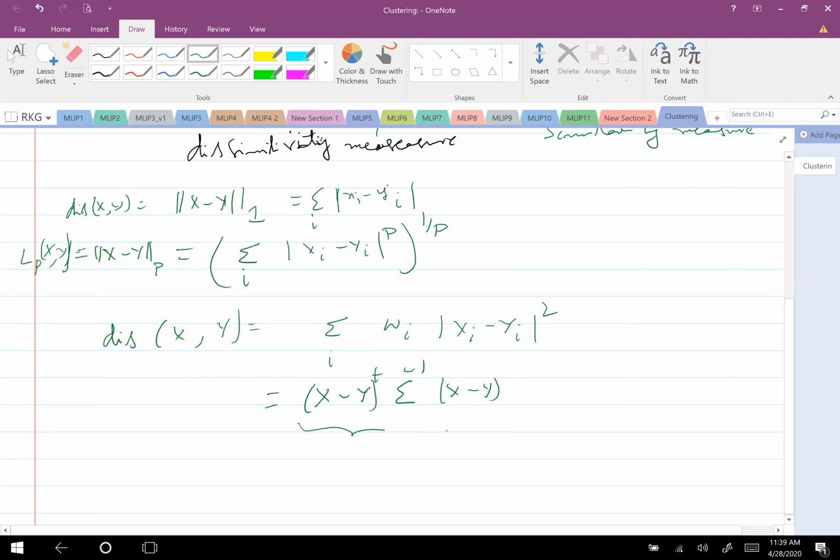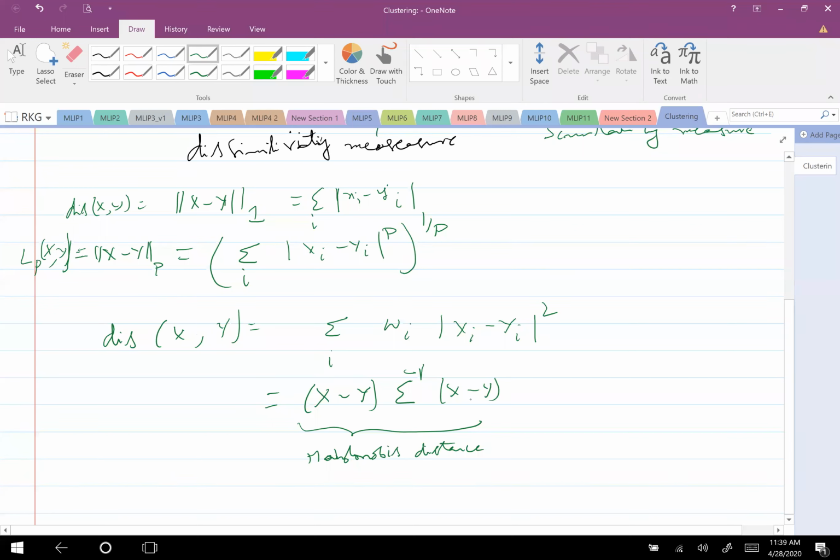This distance measure, have you seen any time? Where have you seen this distance measure?